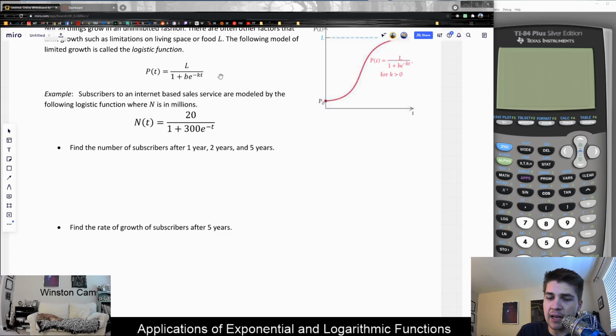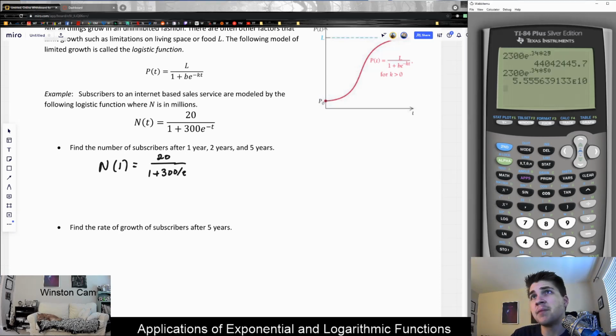So n of 1. It does not specify that t is in years, but it is, just because usually your growth rate is in years as well. The number of subscribers after 1 year will be 20 divided by 1 plus 300 e to the minus 1, or divided by e if we wanted to change it to a fraction, which doesn't really matter.